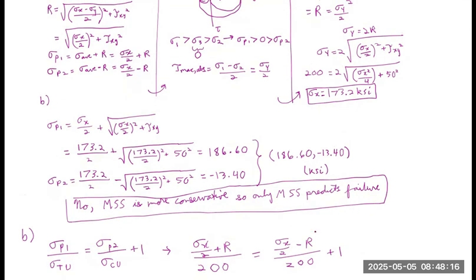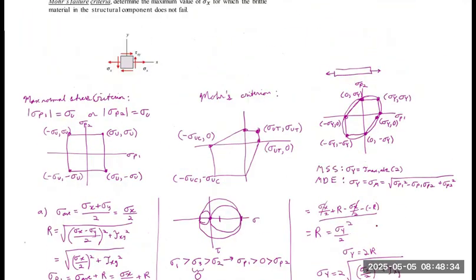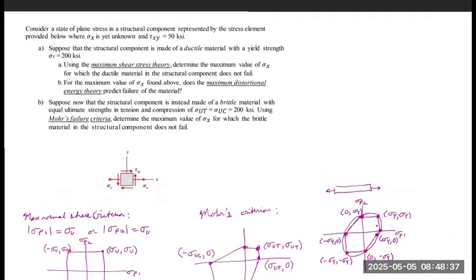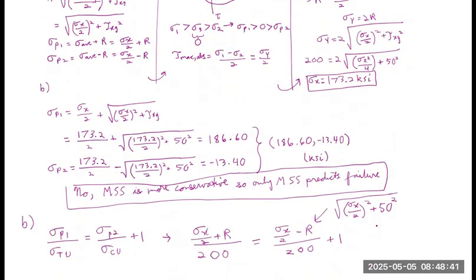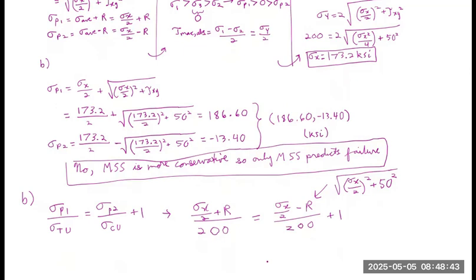R is going to be the square root of sigma x over 2 squared, and then we can plug in tau xy as 50, because that was one of the givens if we go back to our criteria. So tau xy equals 50 ksi. To solve this equation, we have to isolate sigma x on one side.